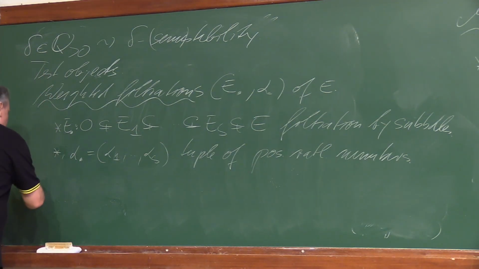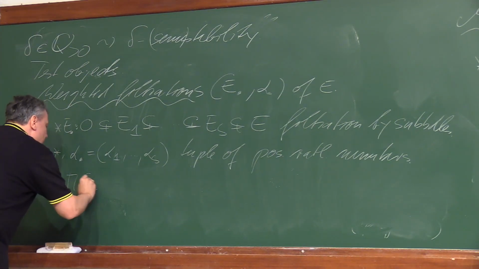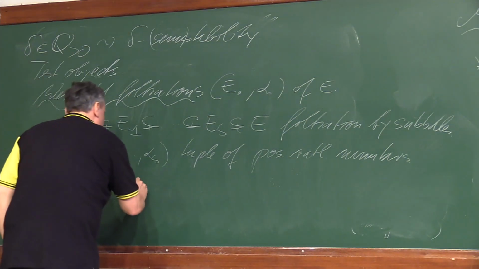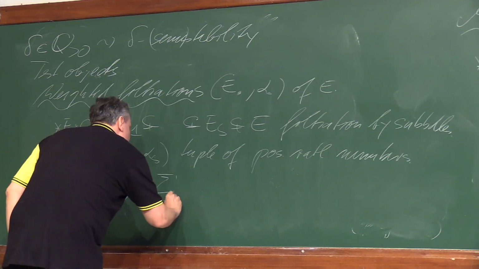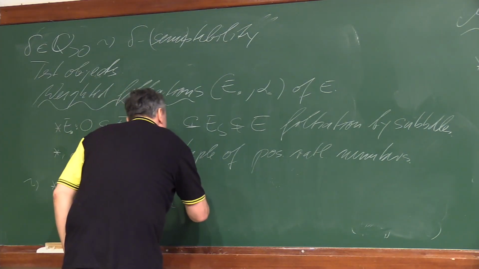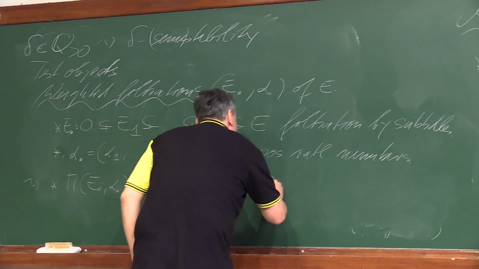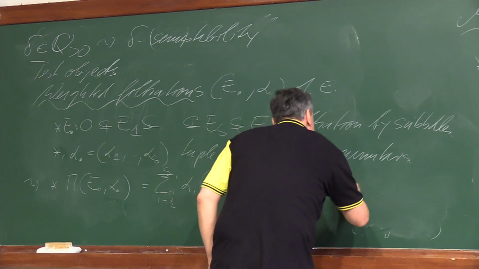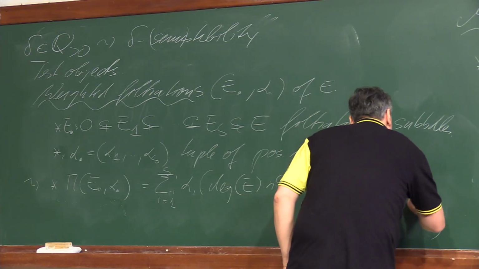I will just mention two things. I will need one quantity defined in terms of such a weighted filtration: the sum from 1 to S of alpha_i times (degree of E times rank of E_i minus degree of E_i times rank of E).